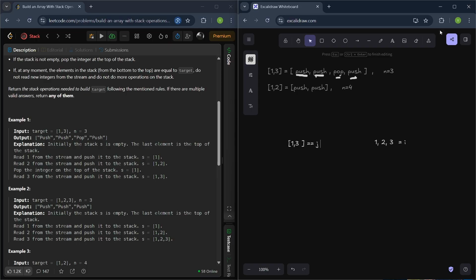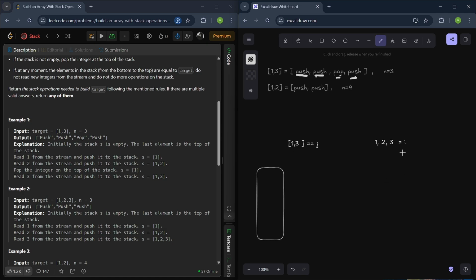Okay, now let's create the stack. We will do a for loop for this i, and then we will compare it with this target.